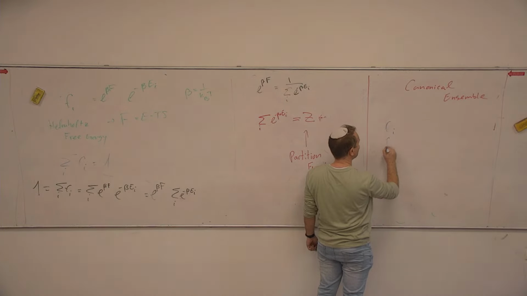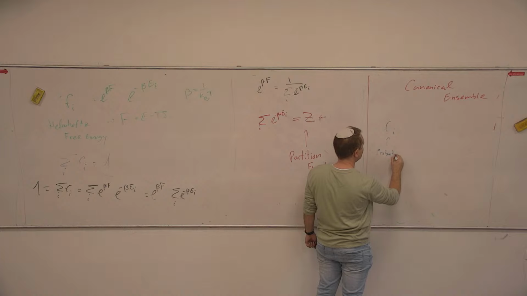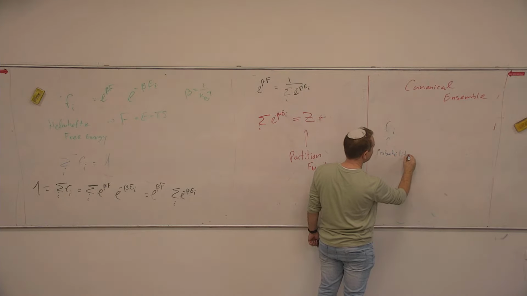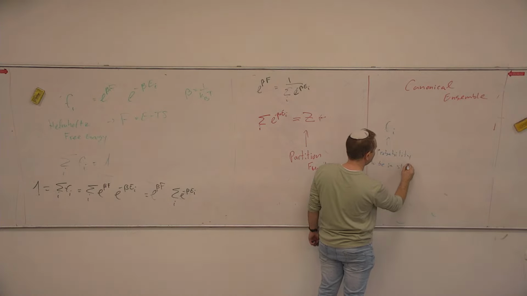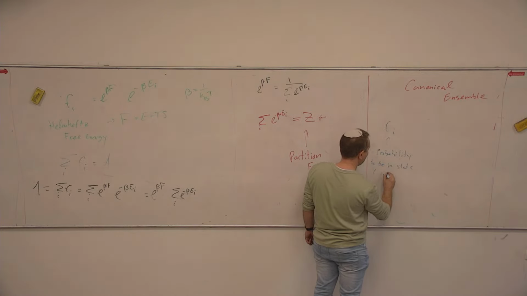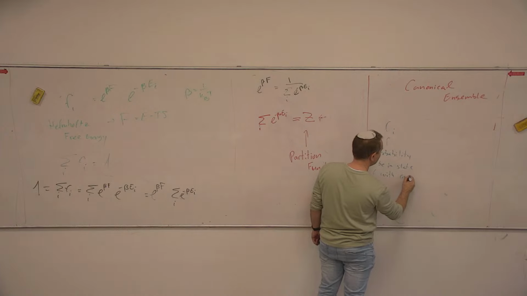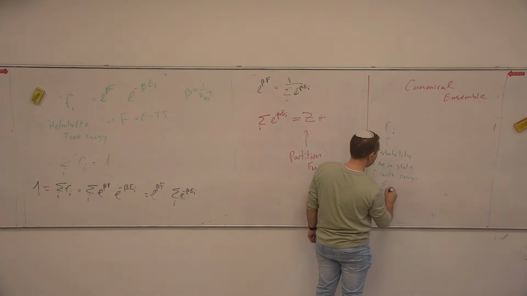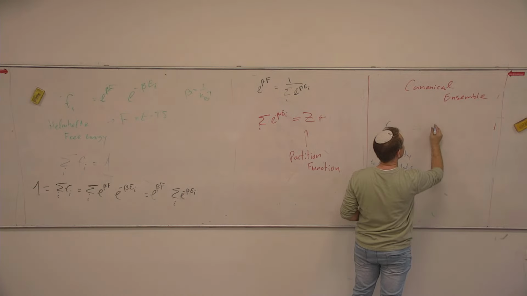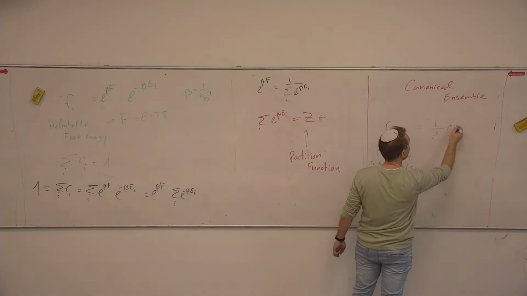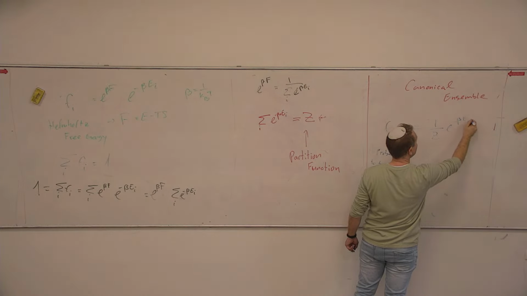Fi, the probability to be in state i with energy Ei, equals 1 over Z times e to the power minus beta Ei.